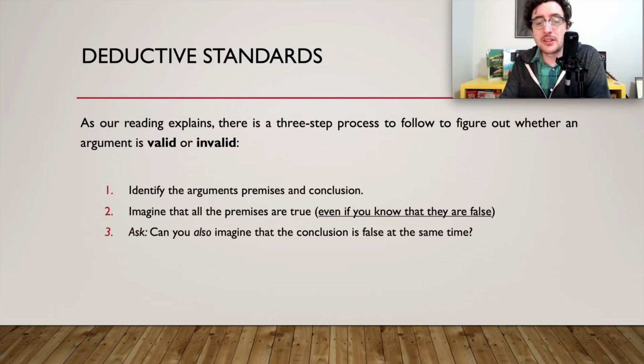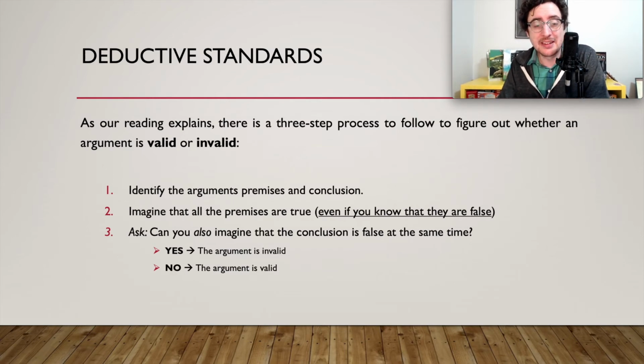So we imagine that they're all true, and then we ask, can we also imagine that the conclusion is false? If we can, then the argument's invalid, because that will show that it's possible for the premises to be true while the conclusion is false. If we can't do this, then the argument is valid, since imagining the premises being true would guarantee that the conclusion would be true as well.